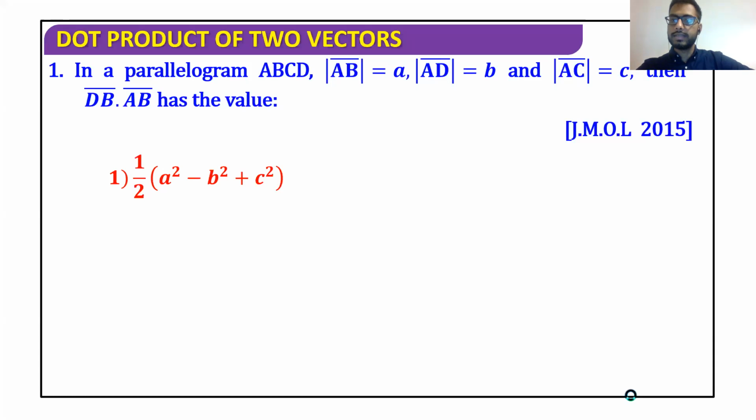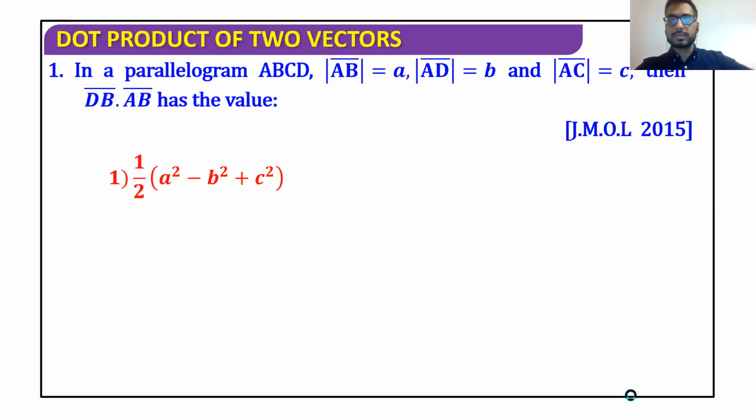How can I get DB bar? If I consider my parallelogram ABCD, I can say that BD bar is nothing but B bar minus A bar. Therefore, DB would be A bar minus B bar by applying your simple triangle law.